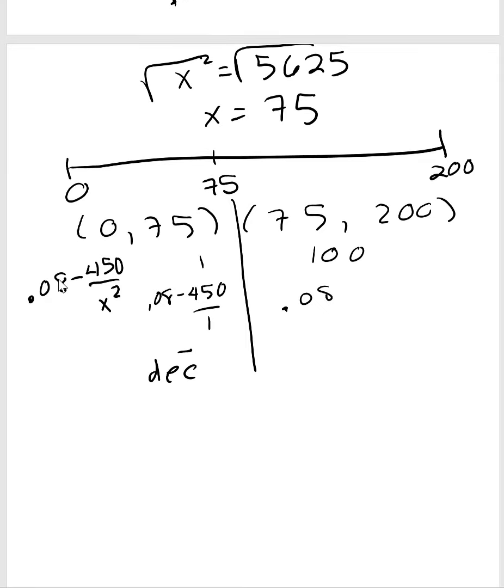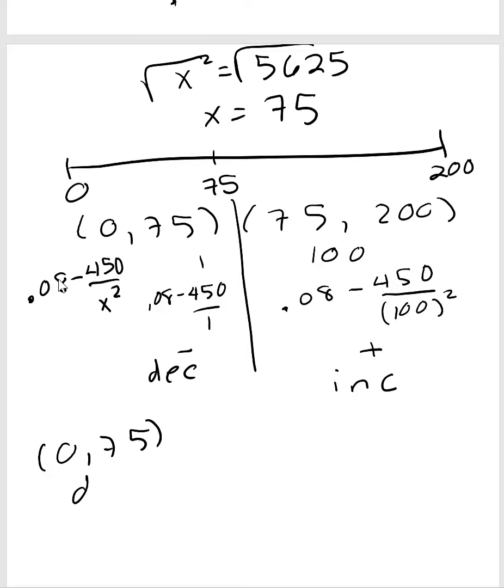I do 0.08 minus 450 over 100 squared. And it might make you feel better to put that in your calculator. I got 0.035, but 0.035, most importantly, is positive. Positive says increasing. So from 0 to 75, this was decreasing, and that means my average cost was decreasing, and then from 75 to 200, my average cost was increasing.